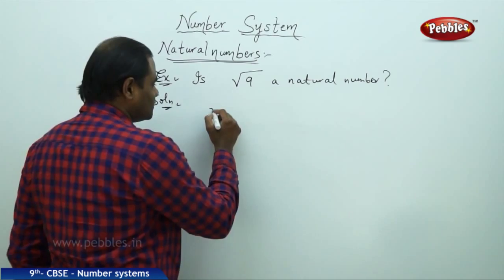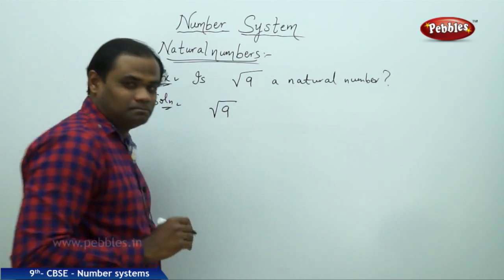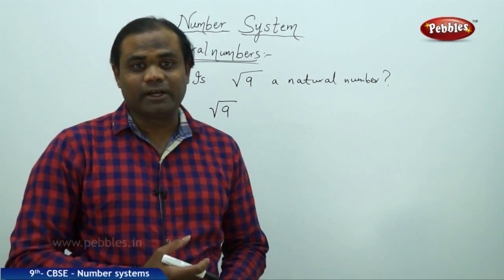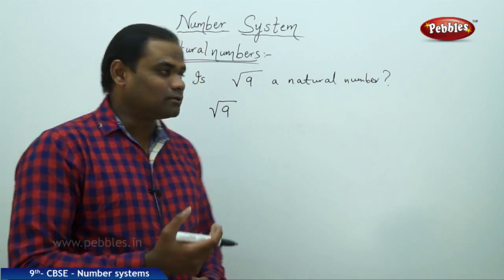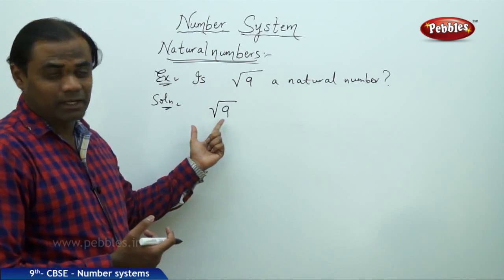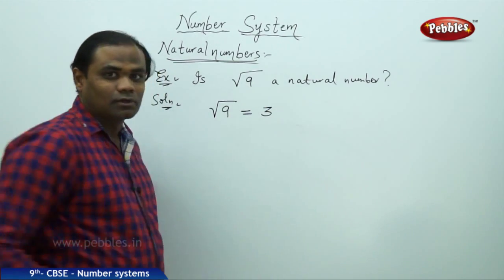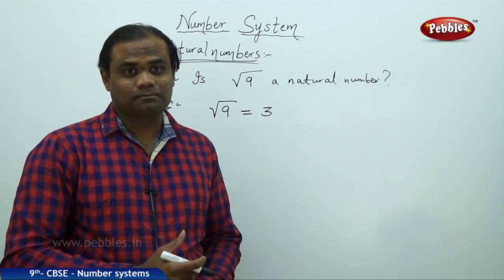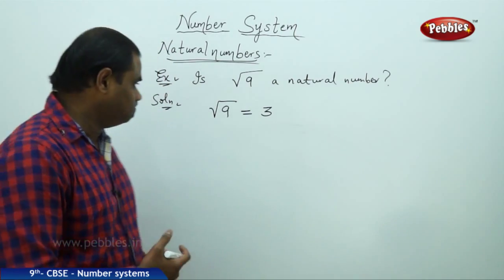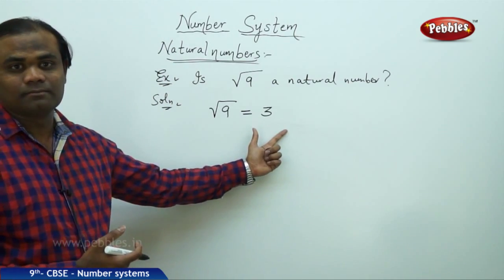Secondly, let's see if I can further simplify this to get a more simplified answer. We clearly know that 9 is a perfect square, so root 9 we all know is equal to 3. Root 4 is 2, root 16 is 4, root 25 is 5, and hence root 9 is 3.